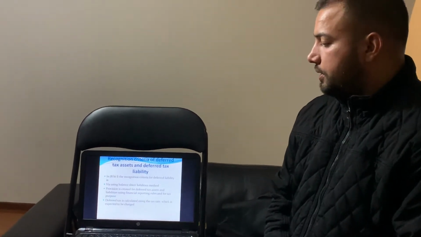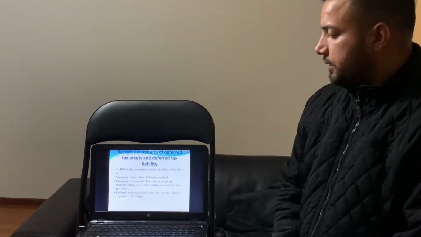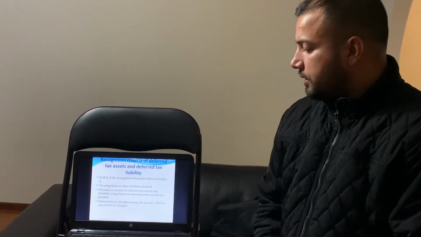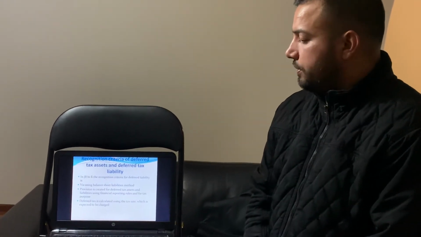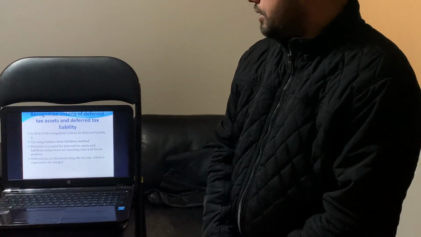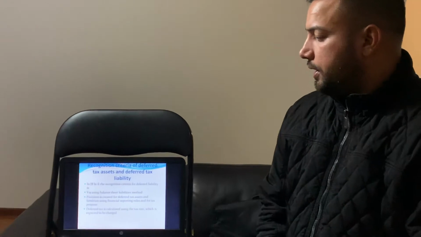The provision is created for deferred tax assets and liabilities using financial reporting rules and for tax purposes. Deferred tax is calculated using the tax rate which is expected to be charged. So from here we have the recognition criteria of the standard for deferred tax assets and deferred tax liabilities at JB Hi-Fi.